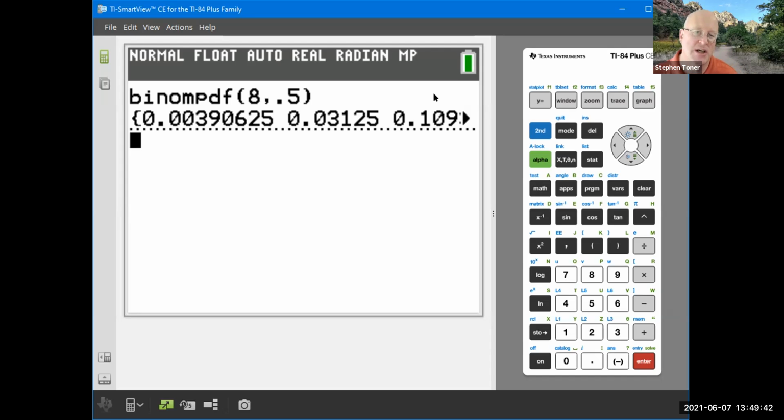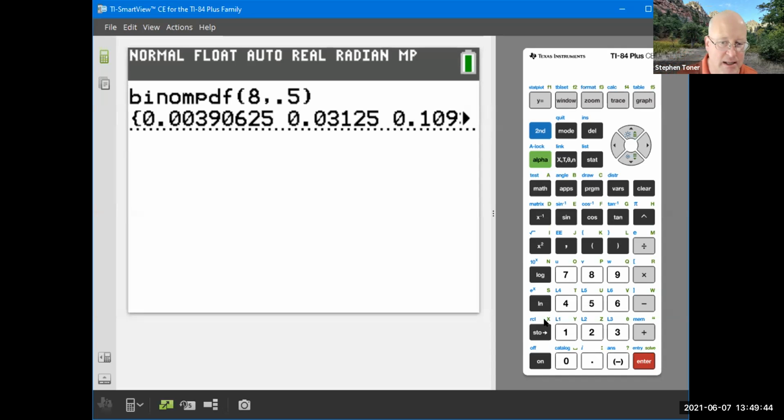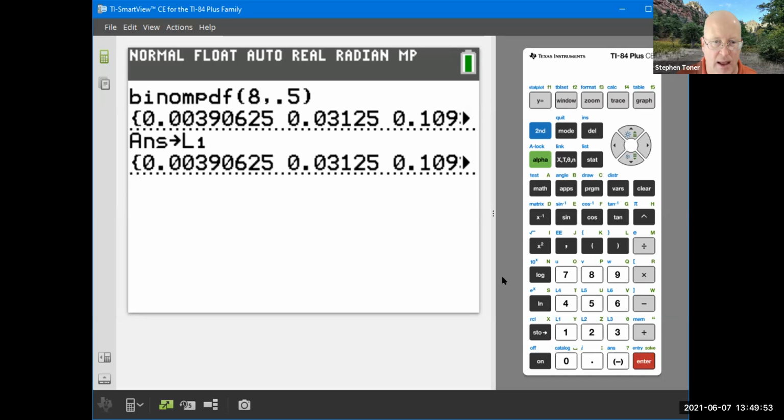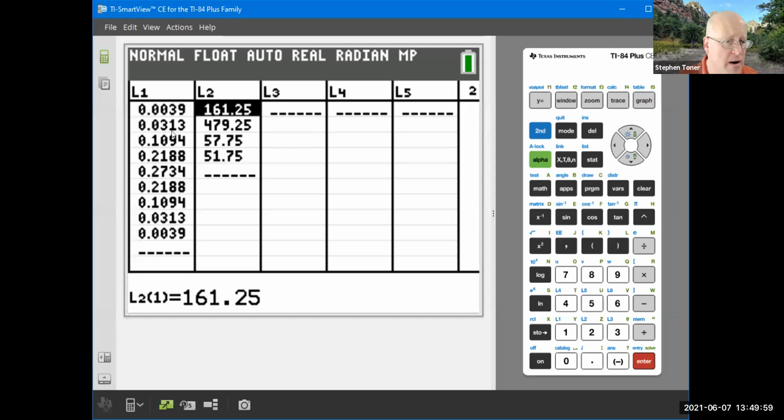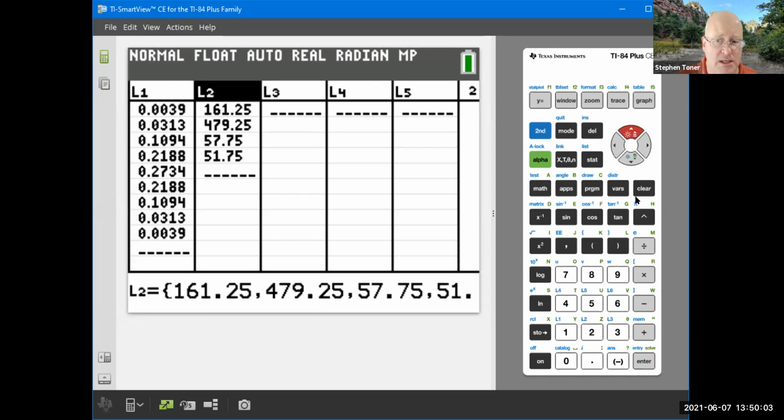And I actually cheated. I took this and I hit store, that red button, and I stored it into list 1, just like that. I don't see much here, but now if I hit stat edit, look what happens. All those probabilities went into list 1. And then I'd go to the top of list 2 and say, this is going to be 1497 times what's in list 1.